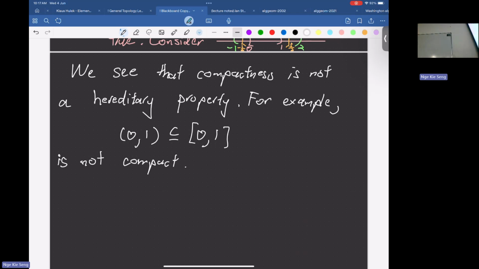Imagine if I have a lot of open covers for (0,1). Why can I not find a finite subcover for it? What's deterring you from doing that?